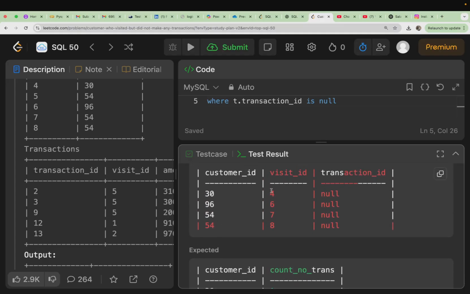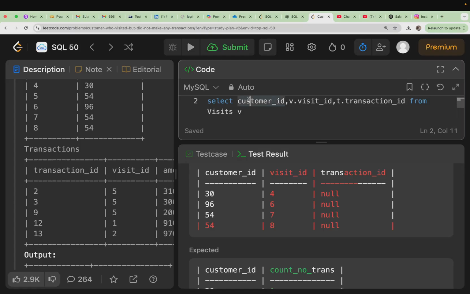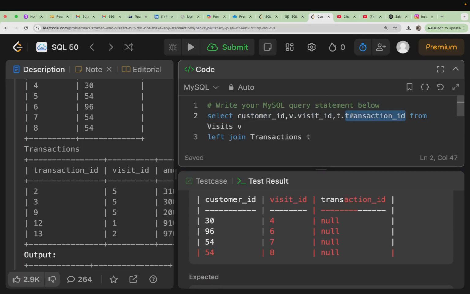Instead of this table, we want the count of the customer IDs, the distinct count of customer ID to be specific. So we want the first column to be our customer ID and we don't want this transaction ID. So let's remove the transaction ID column, and instead of visit ID, we want the count of visit ID.